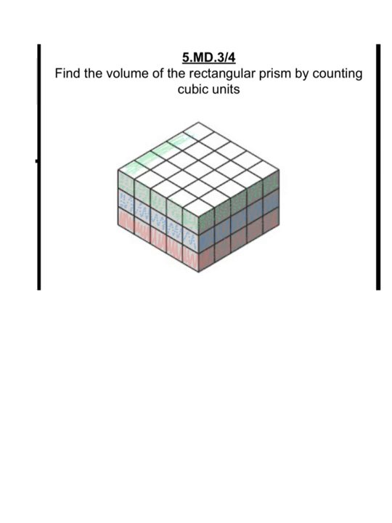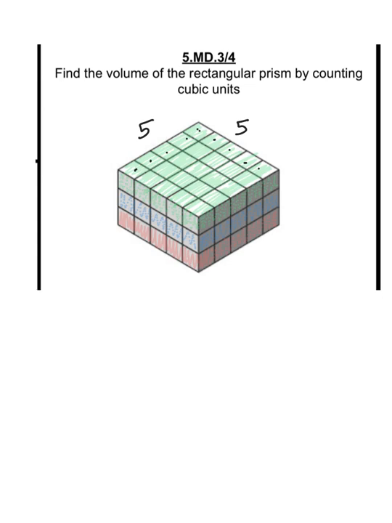Okay, so now we can see our 3 layers, and let's look at the top green layer and think about how many cubes are represented in that green layer. So let me label the dimensions here. Let's see, we've got 1, 2, 3, 4, 5 times 1, 2, 3, 4, 5.